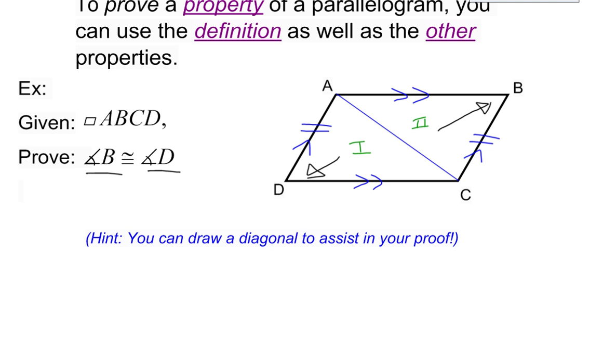And not only are AB and DC parallel, they are congruent to each other. And of course, AC is a line that is shared by both triangles 1 and 2. Therefore these two triangles are congruent by side, side, side. So we know what our marching orders are. If these two triangles are congruent, all their corresponding parts are also congruent. In other words, angle D is congruent to angle B, and that's exactly what we're being asked to prove.